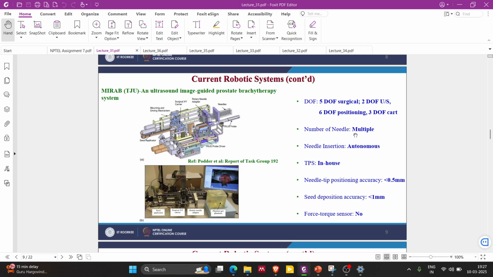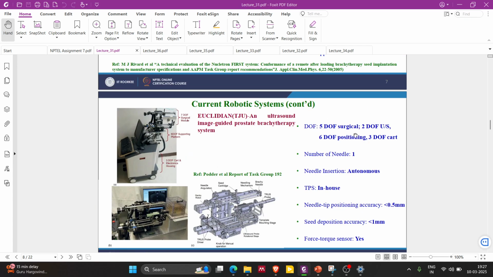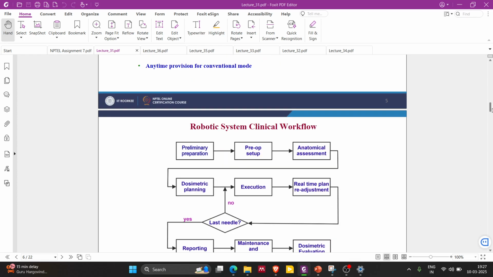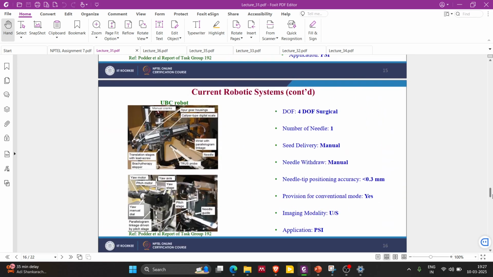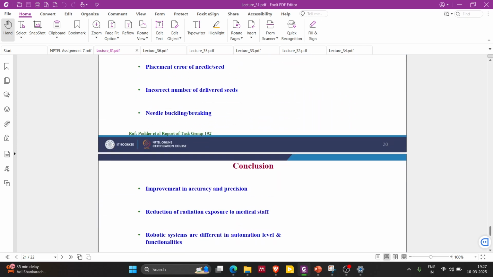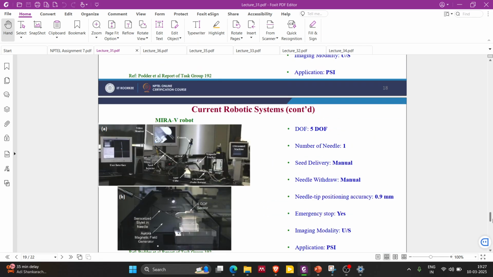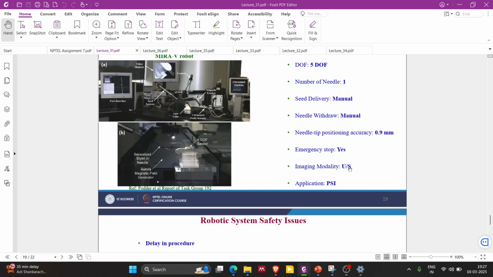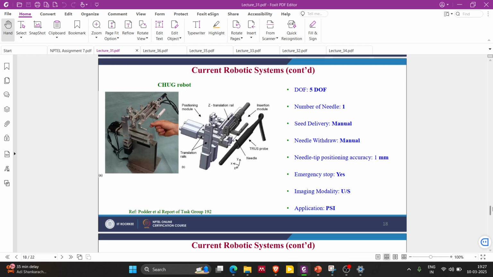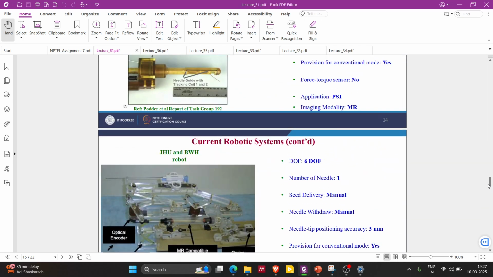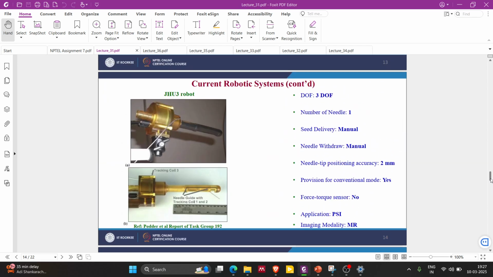Feedback control needle. Some of them use ultrasound, some of them use MRI also. So some of them mention what they have used.